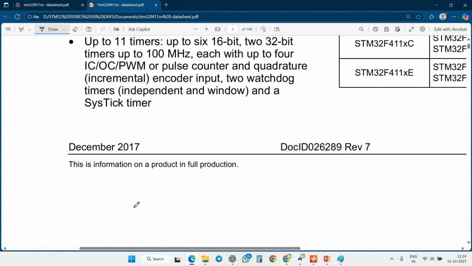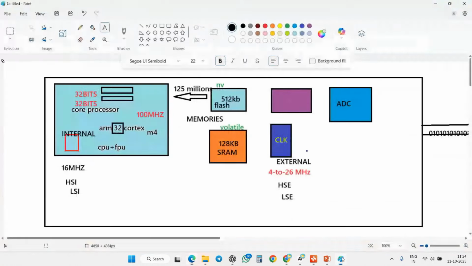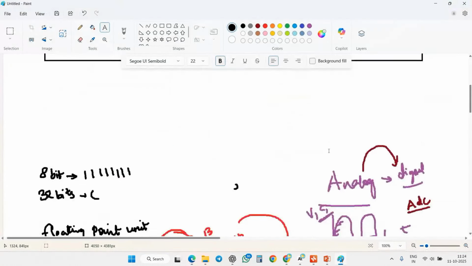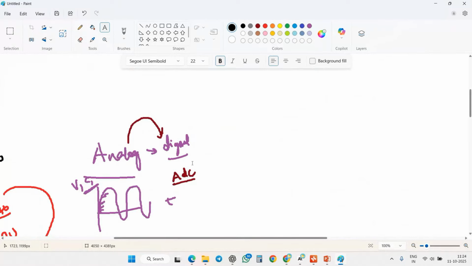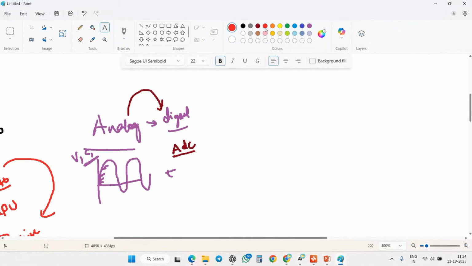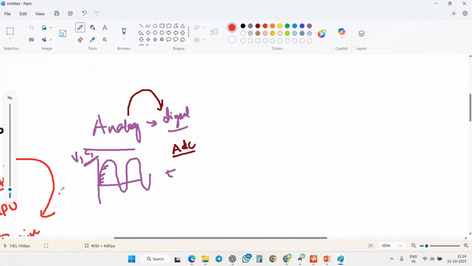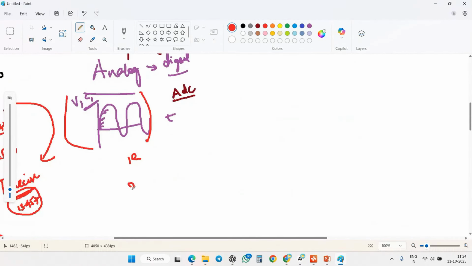A 12-bit ADC gives you the resolution of this value. Your ADC is going to convert the data from analog to digital. I'm getting some sort of data here, and I need to convert it from analog to digital, which means I need to resolve the value. If you have a 12-bit ADC, you need to calculate 2 to the power of 12.